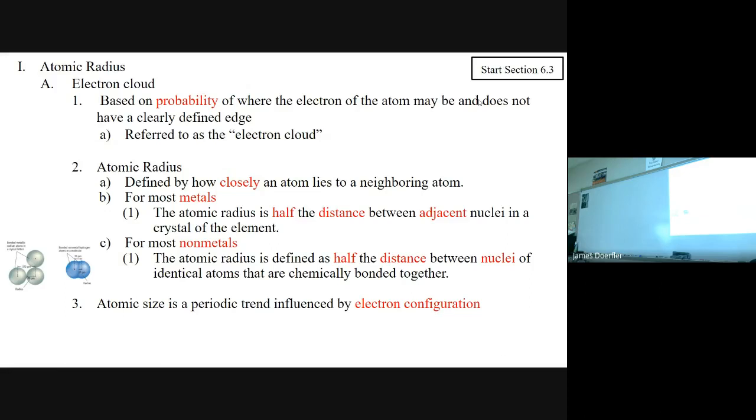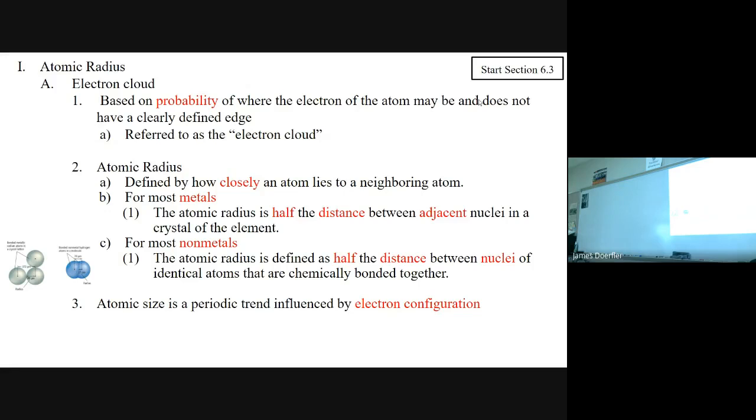And that fits into the atomic radius. Okay, the atomic radius is simply how closely an atom lies to a neighboring atom. If we measure from the nucleus to the outer edge of that electron cloud, that's the atomic radius. For most metals, the atomic radius is half the distance between adjacent nuclei in the crystal of an element.